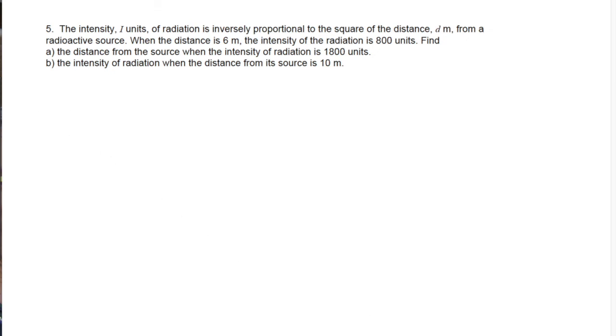In the second example, we are looking at the intensity of radiation, I, which is inversely proportional to the square of the distance d. We write the K statement, I equals, since it's inverse proportional, therefore it is K over d square, square of the distance. State that K is a constant.